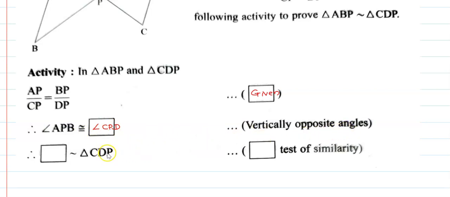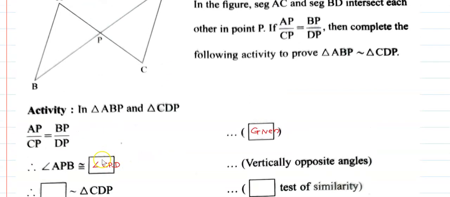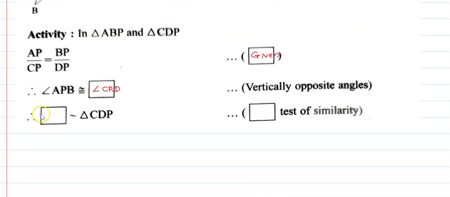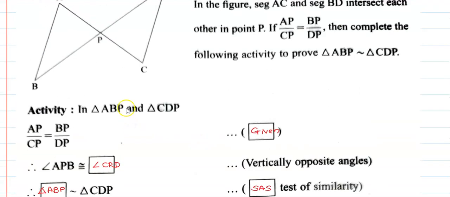Therefore triangle CDP is similar to triangle ABP, and we'll write here triangle ABP, and this is by the SAS test, that is the side angle side test.